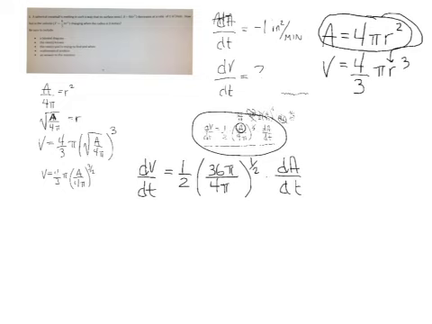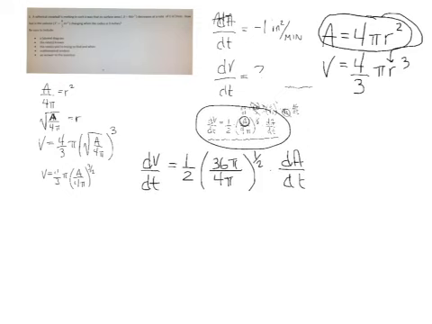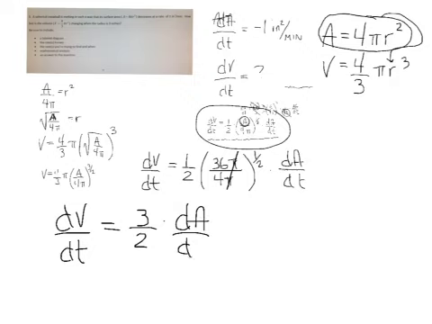All right, 36 divided by 4 is 9. The square root of 9 is 3, and the pi's are going to go away. So pi's are gone. 36 divided by 4 is 9. Square root of 9 is 3. Yep. Sorry, brain fart there. So I think this whole thing's going to simplify to dV/dt is equal to 3 over 2 times dA/dt.